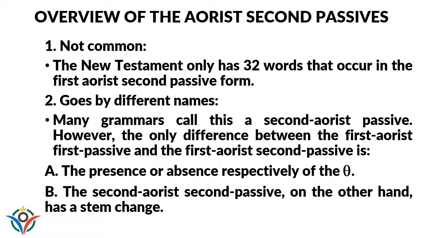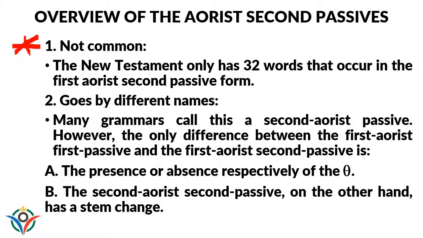Now, I must be honest with you. When it comes to the aorist and the passive voice, it can become very confusing, and I often get confused. And so I want to make this as simple as possible. So let's quickly look at an overview of the aorist second passives. The first thing that I want you to be aware of is that it's not common, and that should encourage you.